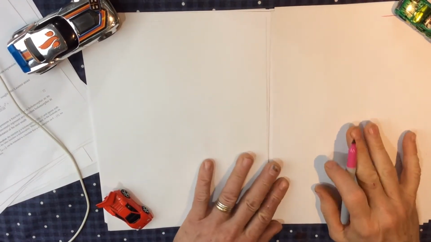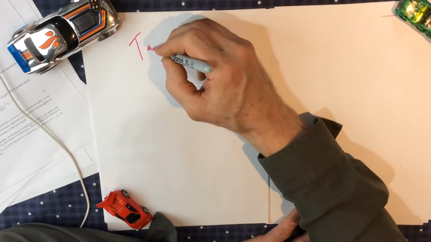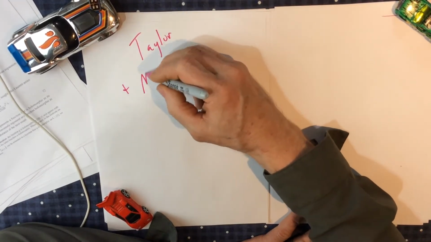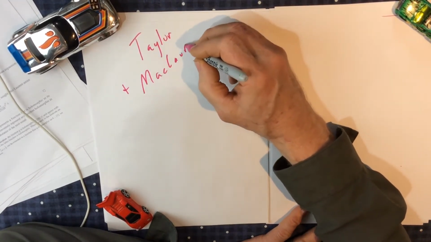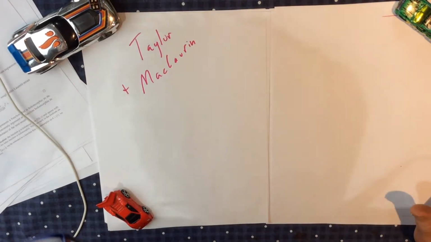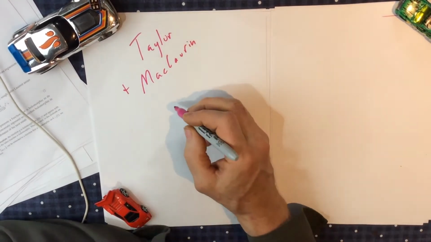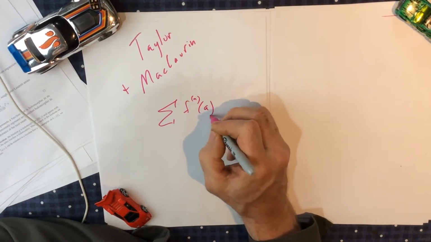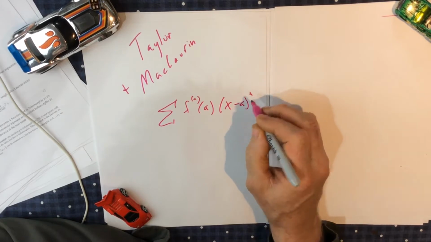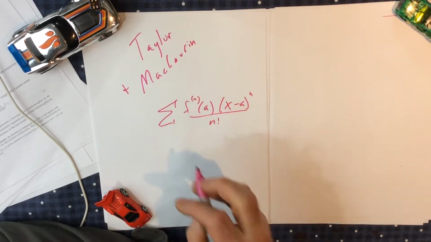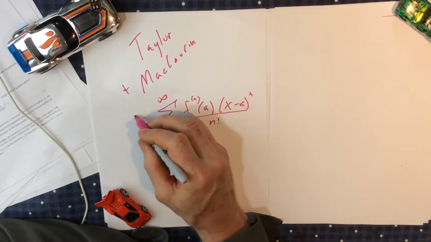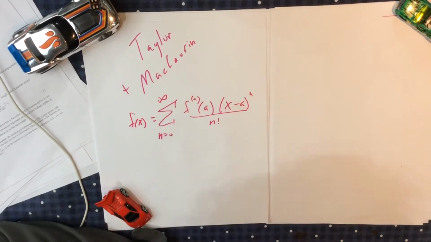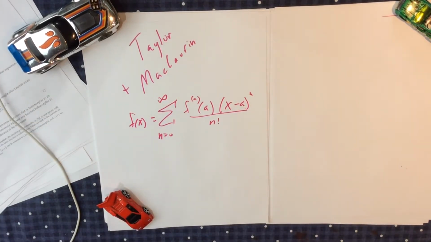Okay guys, we're going to pick up where we left off talking about Taylor and Maclaurin series. And I want to point out that these series, which take this form in general, produce a series that approximates the function if you only use some of the terms.